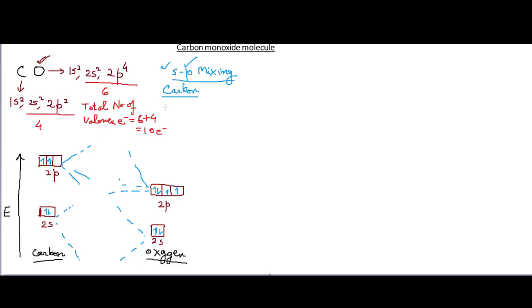So let's discuss. If there is sp mixing in case of carbon, that means 2s and 2pz. Why will 2s and 2pz mix? Because they are symmetrically and energetically similar. 2s and 2pz is like this. That is why they can intermix, giving rise to a new kind of orbital.